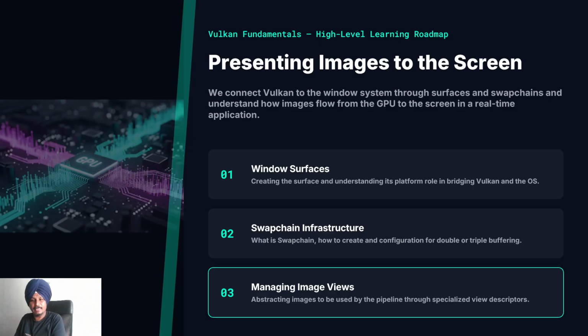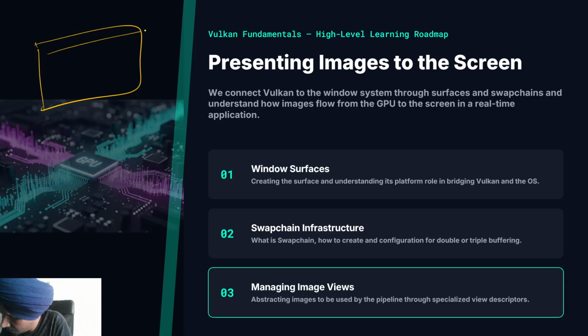Once we have set up the queues, the next thing is presenting images to the screen. By the third or fourth topic we created a window, right? Now once you have created that window, you need to render something into it, and usually it's a texture.